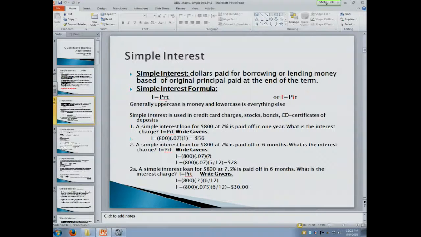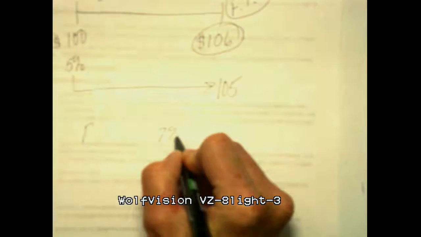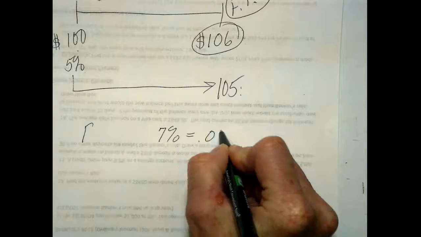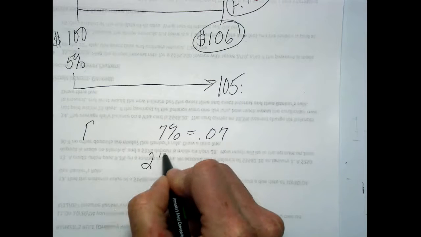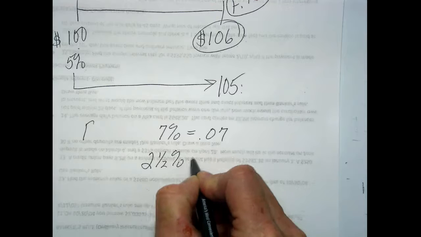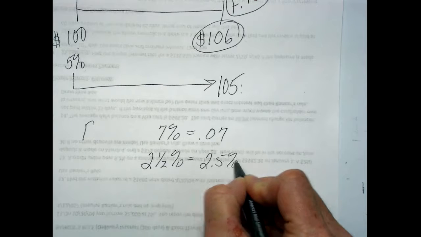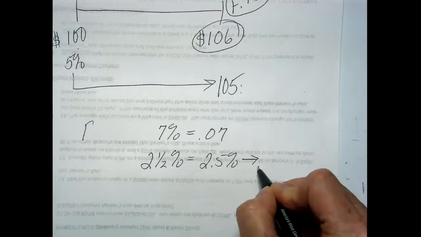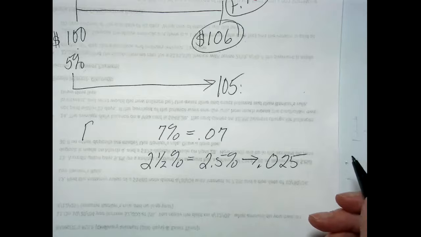So if we have a rate of 7%, you will change it for the equation to 0.07. If you have an interest rate of 2.5%, for calculation purposes, it's 0.025.